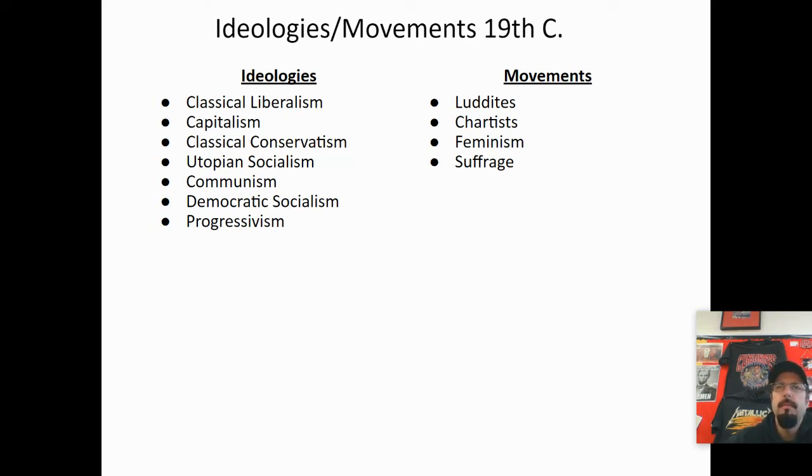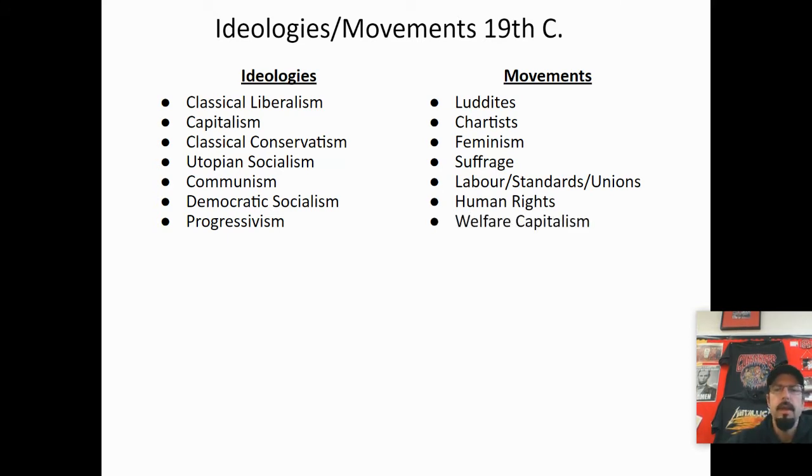Eventually, anybody that's a citizen of a country can vote. The rise of labor, standard unions, the protection of workers, human rights in general, treatment of all people equally. And like I said, I just talked about welfare capitalism, and then eventually the welfare state.